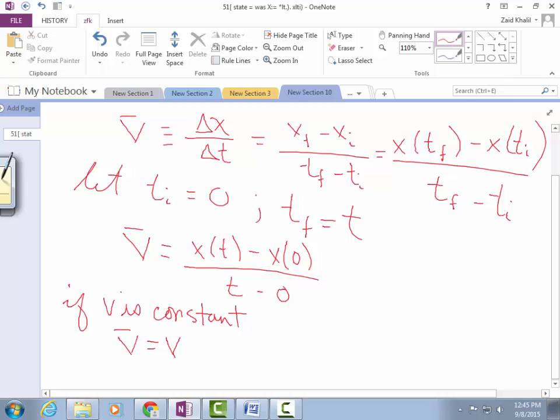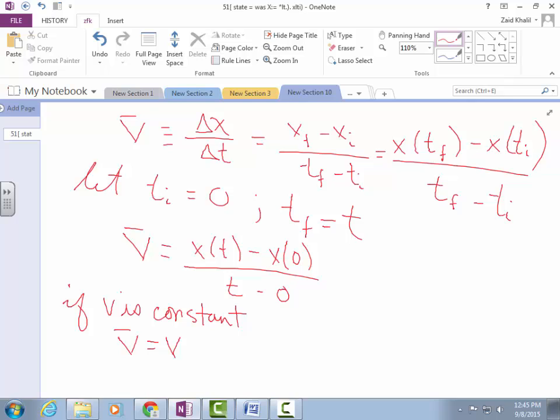And when I say v, I'm talking about the instantaneous velocity, meaning the velocity at any instant is constant. If the velocity at any instant is the same value, its average velocity is simply going to be that value.